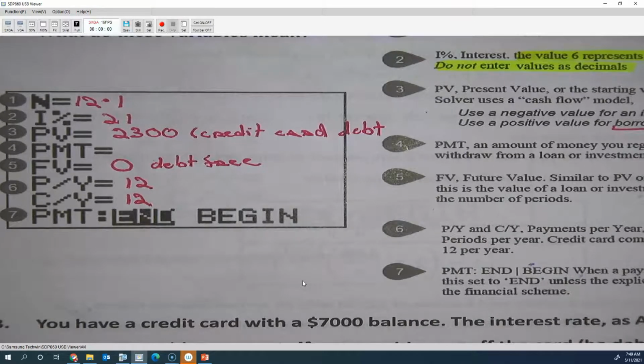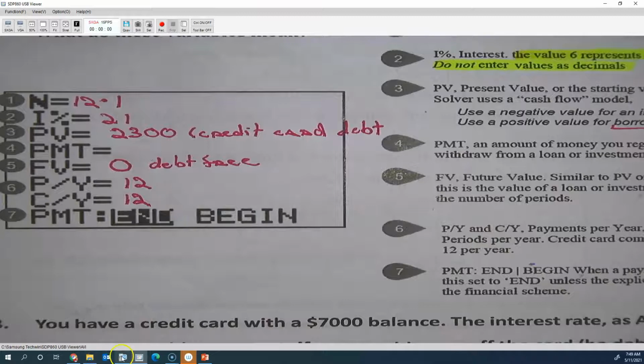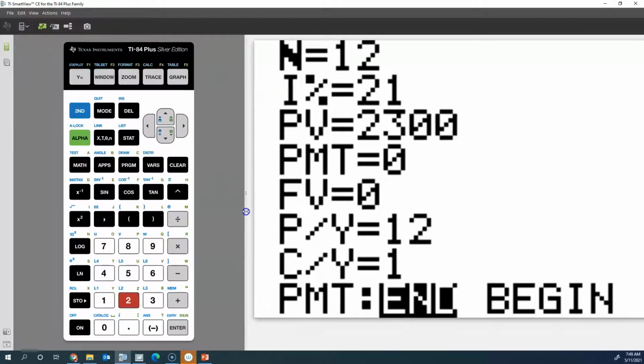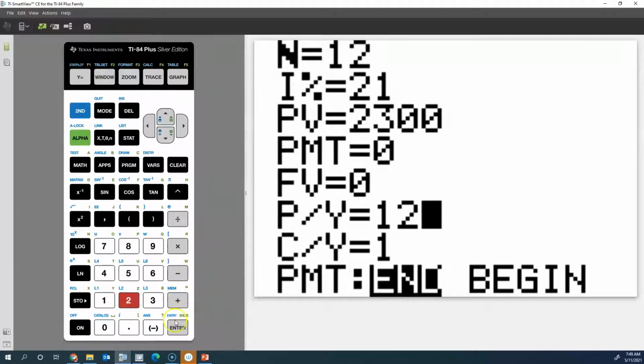So in all these credit card ones, those are going to be 12. So we switch that to 12, and enter. And then 12 again. Enter.